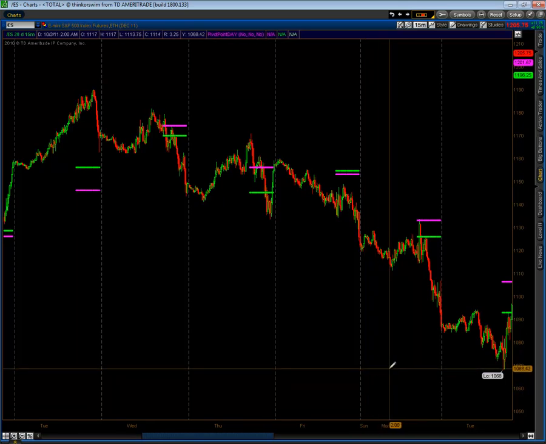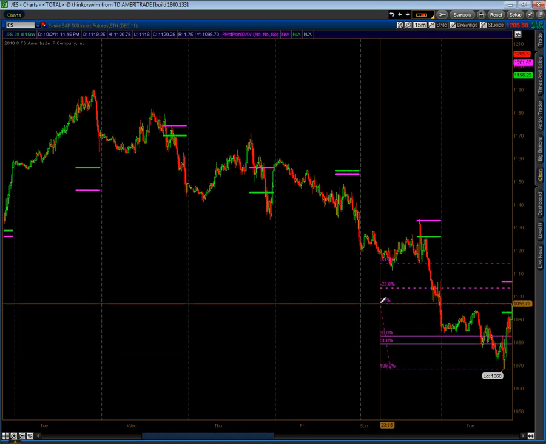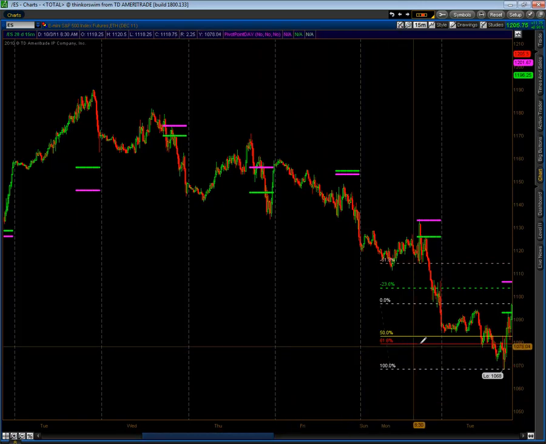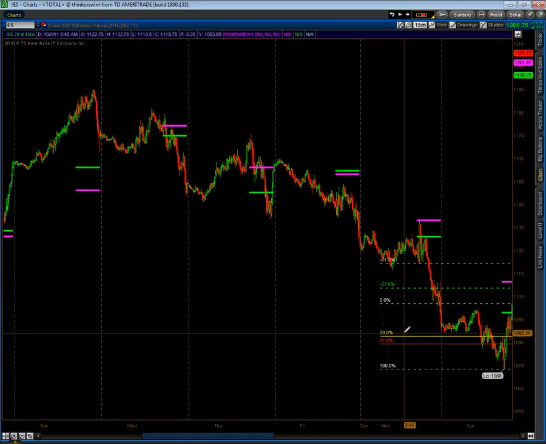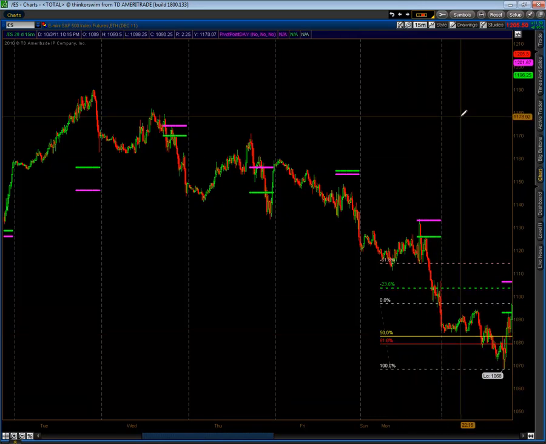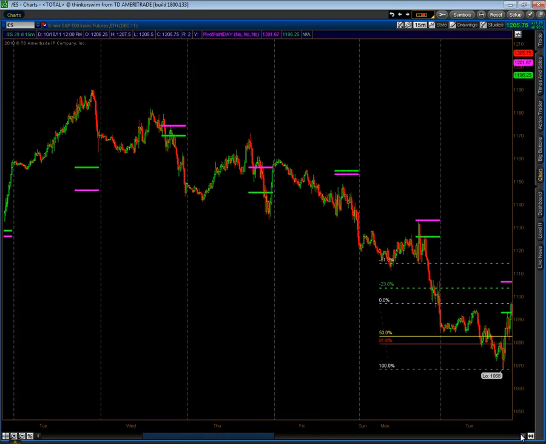And what we do on a trend break is we immediately draw the next Fibonacci in the opposite direction. So this would be an uptrend pull here, and we would expect price to come back down to our 50% level here to give us an entry for the continuation of the new trend on up. Let's move forward in time.